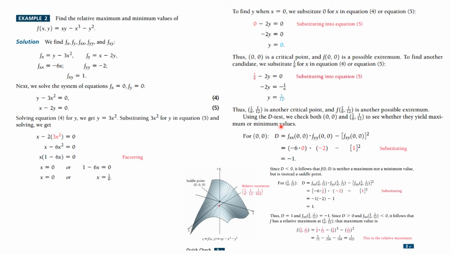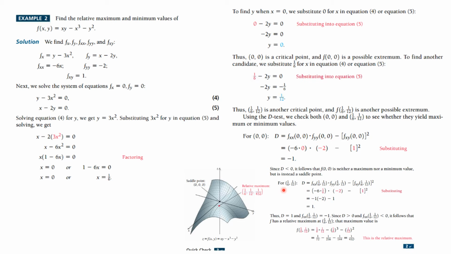So we're going to use the D-test to check both of these to see whether they're a maximum, minimum, or something else. So for 0, 0, we substitute in, and we find out that D is equal to this. Substituting the values, it is equal to -1. Since that's less than 0, it says that's neither a maximum nor a minimum, it's a saddle point.